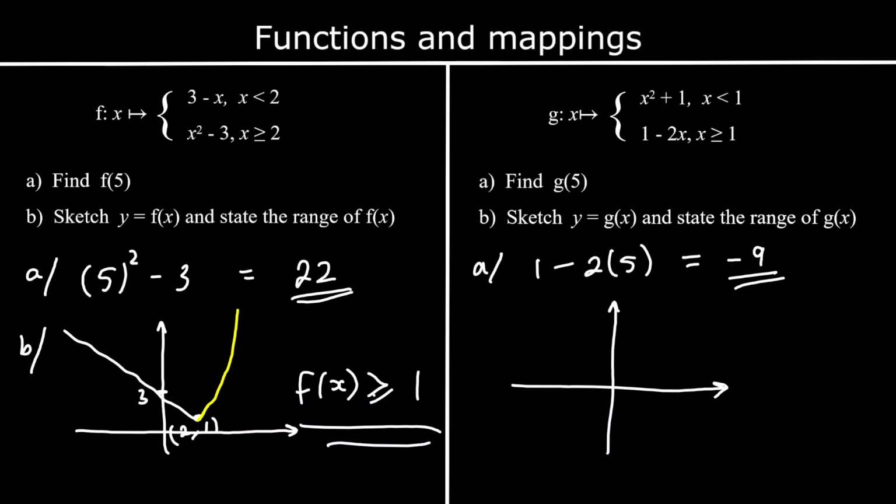So it's kind of going through its minimum point and up. And when x is 1, it is 2. So that's 1, 2.